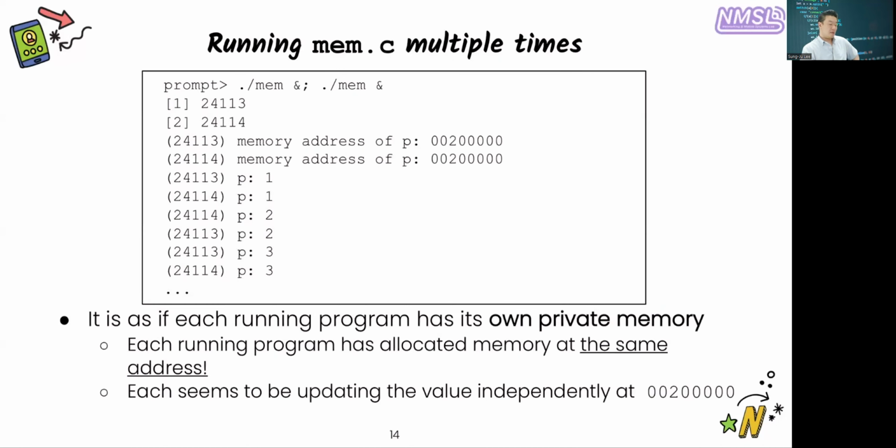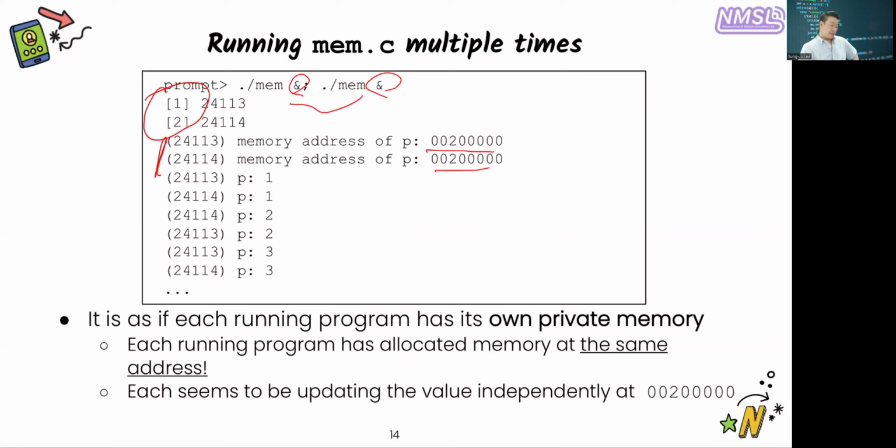Now, if you run it multiple times, here you're running it twice, so you have 2 programs. They are both assigned the same address. This is as if each program has its own private memory.